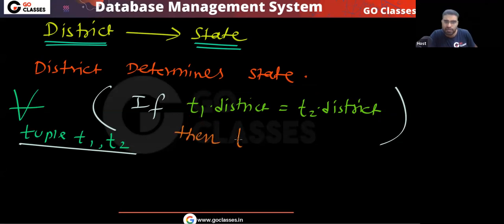Then T1 state should be the same as T2 state. Yes or no? So in two tuples, if the district value is the same, then the state value must also be the same. Okay, so this is the definition of functional dependency.